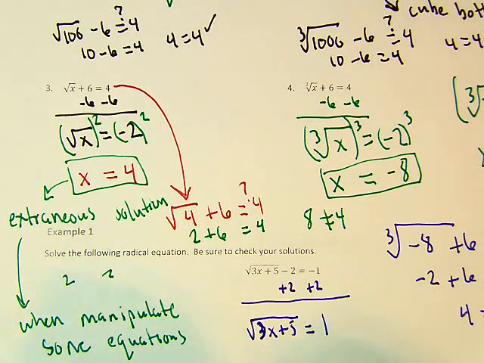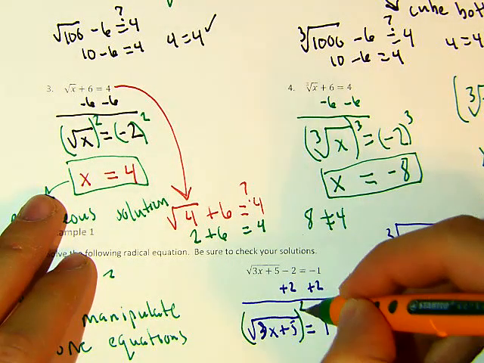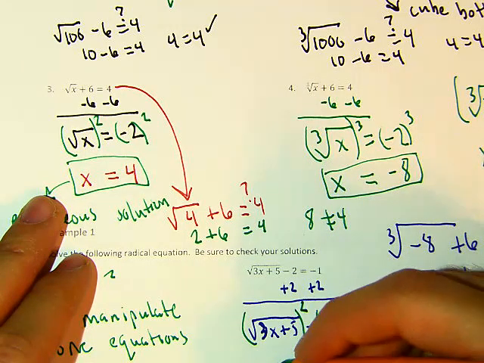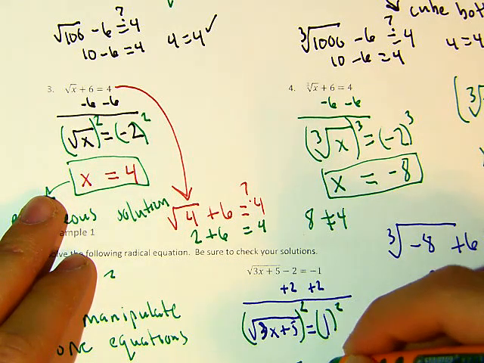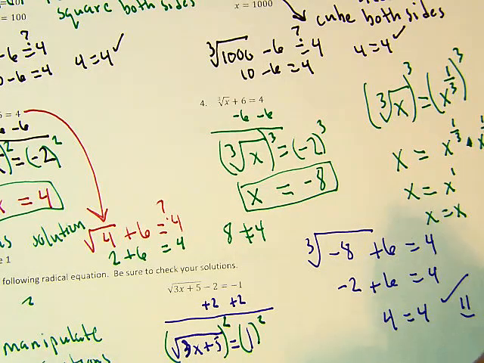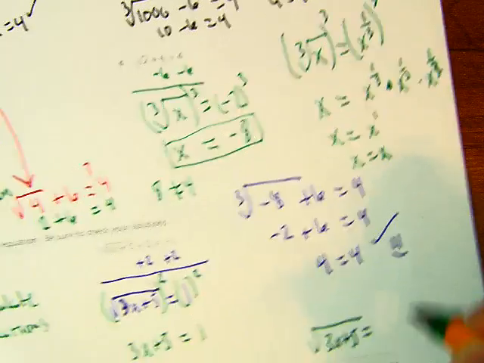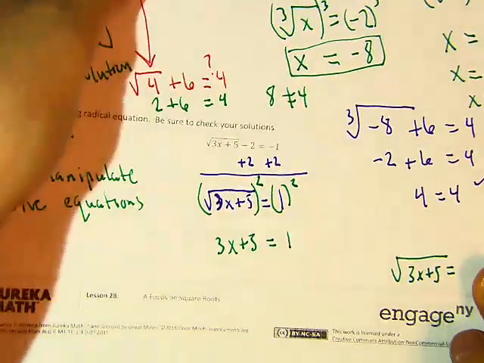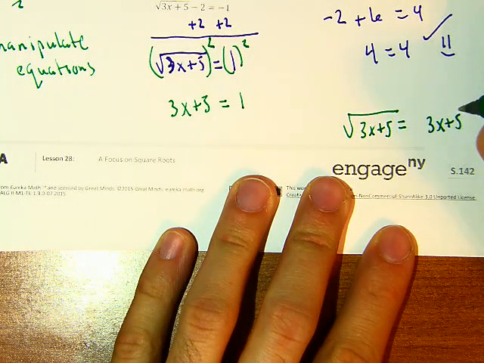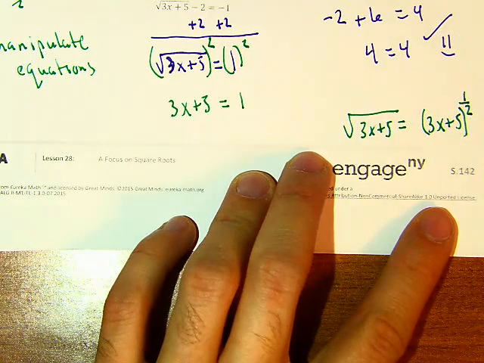Okay? And then what do you do? Here, you want to square both sides. And now here, the square root and the square cancel out. So that's 3x plus 5 is equal to 1. And just to show you again, look, square root of 3x plus 5 is equal to the whole thing, that whole 3x plus 5 to the 1/2.